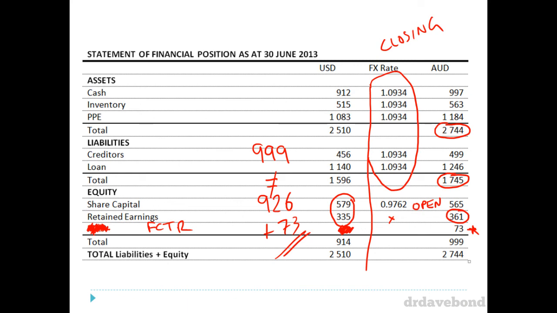What if the sum of share capital and retained earnings is greater than? Yep. So the question was, what happens if, for argument's sake, we ended up with 1026?